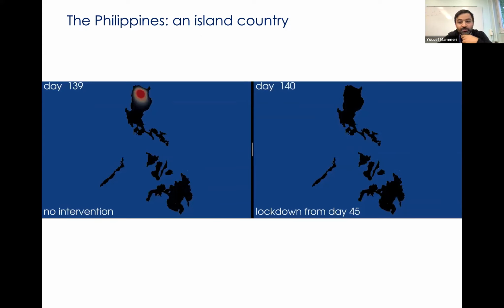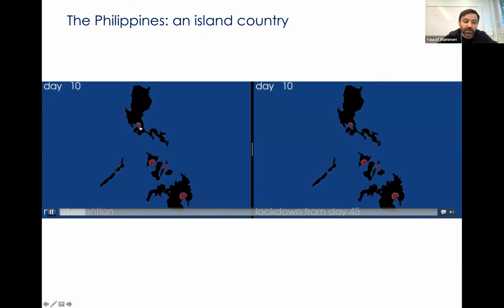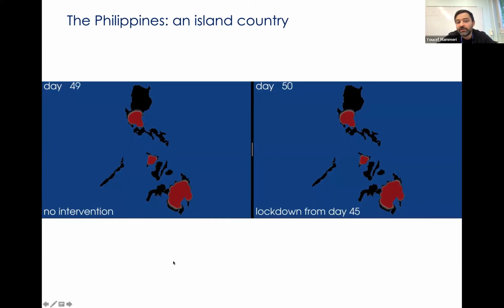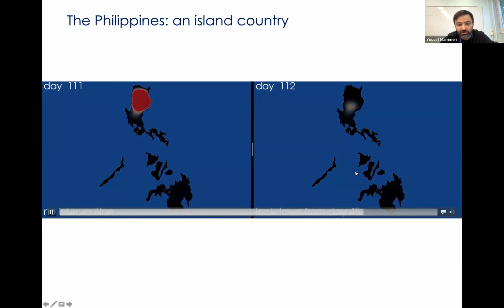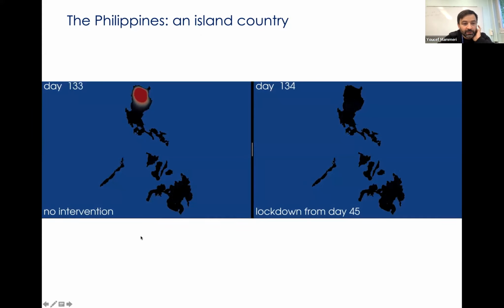But we didn't simulate the 7,000 islands. We just simulate the main island and the main airport. Here you have the airport, and you simulate the displacement between islands, between two airports. This is with some lockdown, because it's not the same days. I don't have the official data, but this is mainly what happens.